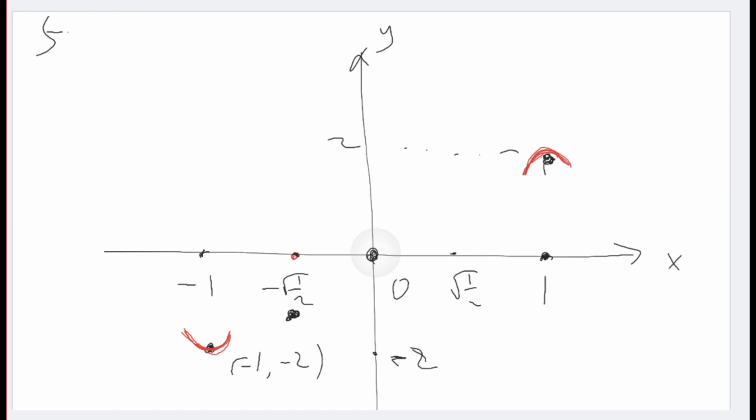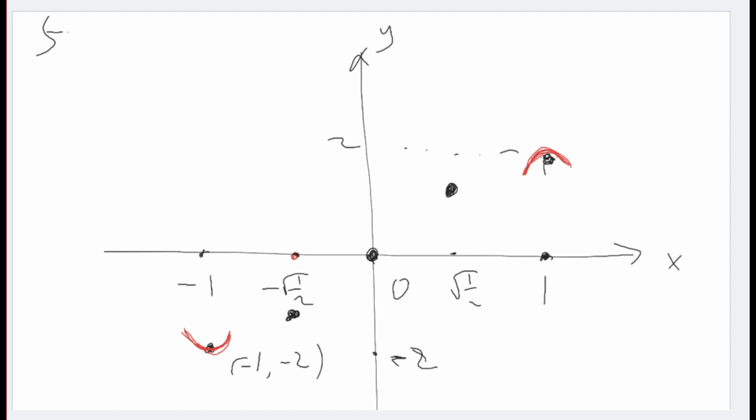There is an inflection point here, here, and here. When we graph, we're going to try to reflect the fact that those locations are inflection points.